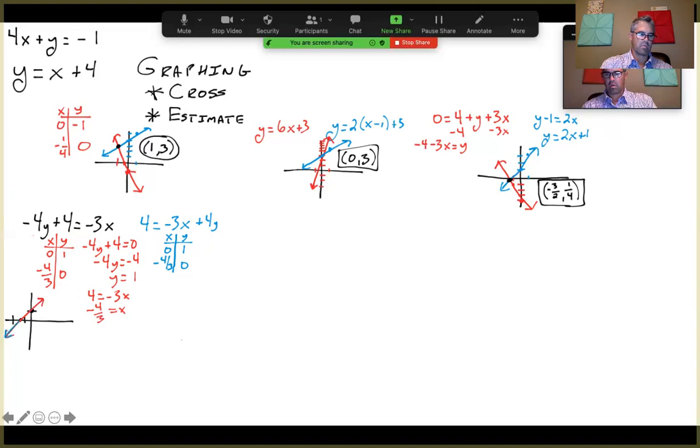In that case, the lines are the same, and we would say there are infinite solutions. And recall, this is because the lines are coincident. They coincide. They're on top of one another.